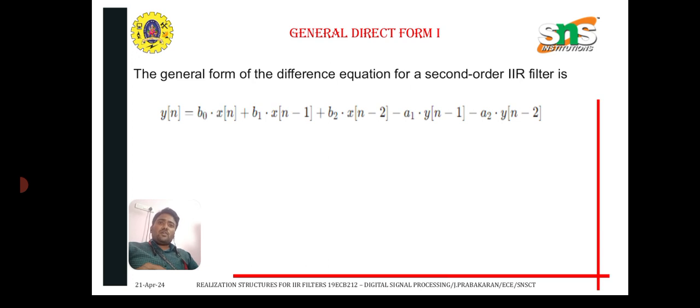The direct form 1 realization directly implements this difference equation using delay elements to store past input and output samples and adders and multipliers to perform the necessary arithmetic operations.